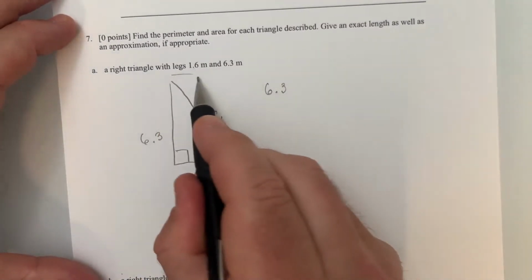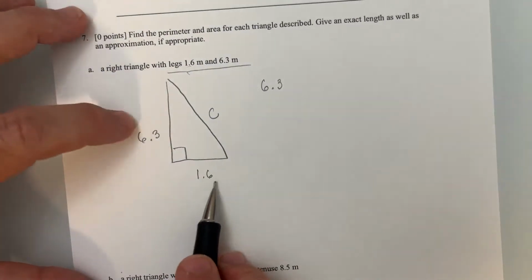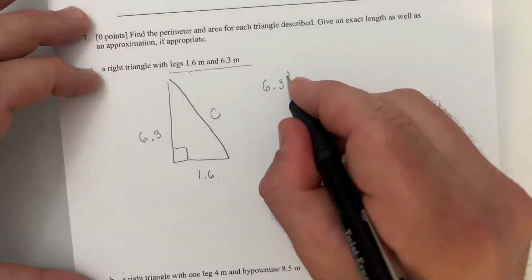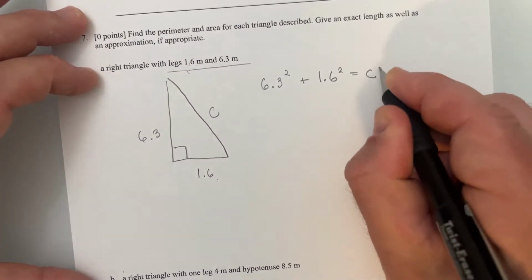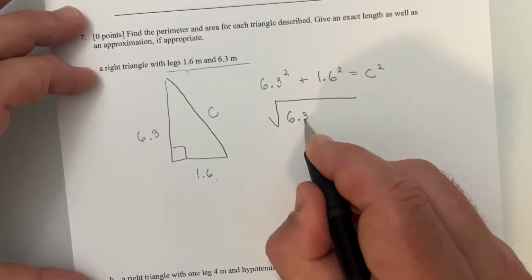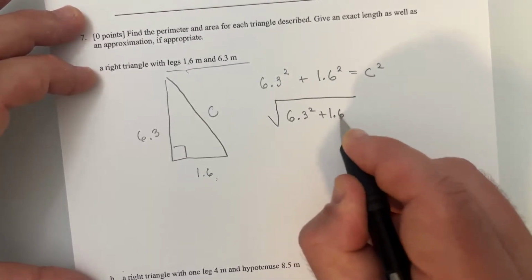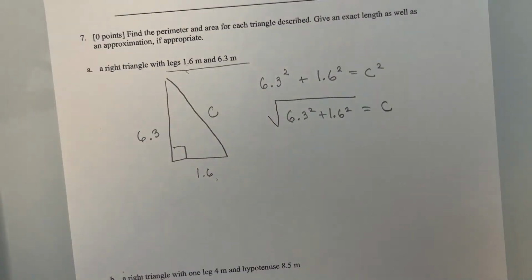Right, I put those there because those are legs. So this is called the hypotenuse, these are called the legs. So 6.3 squared plus 1.6 squared is equal to c squared. So c is the square root of 6.3 squared plus 1.6 squared. And then we'll just add them all up.